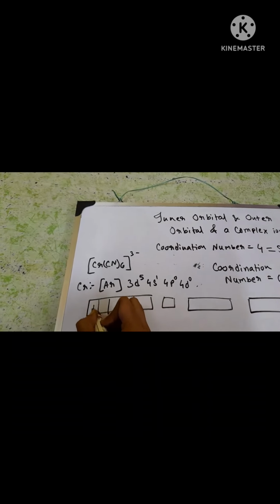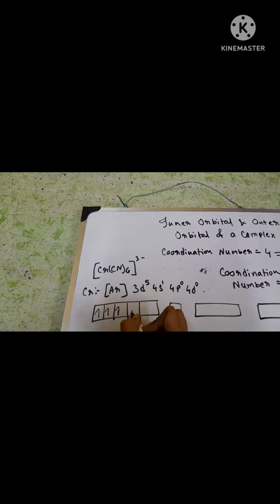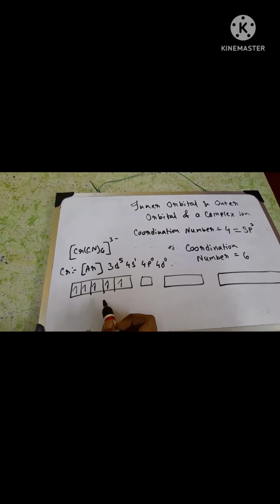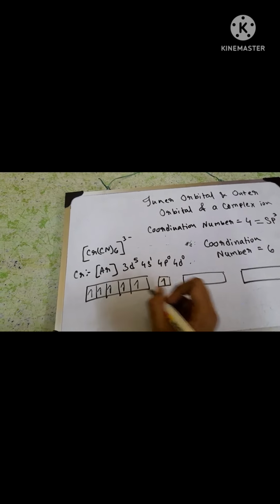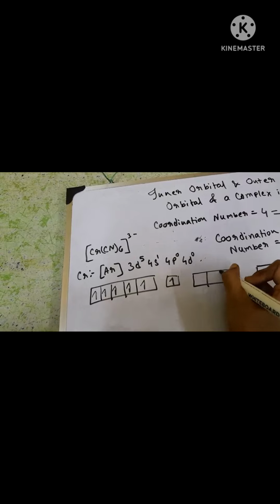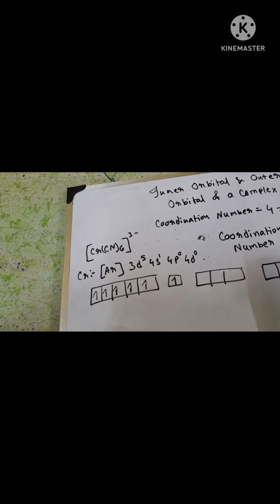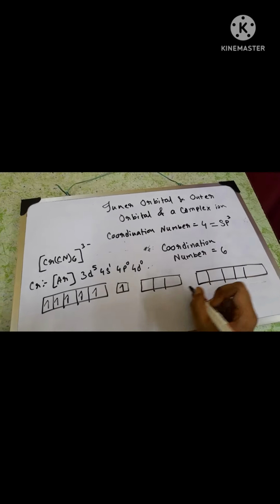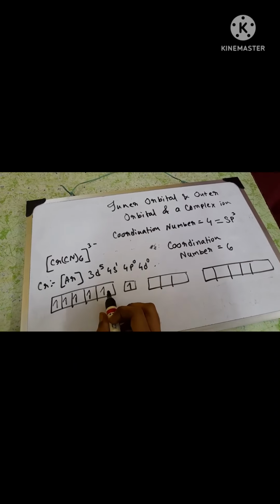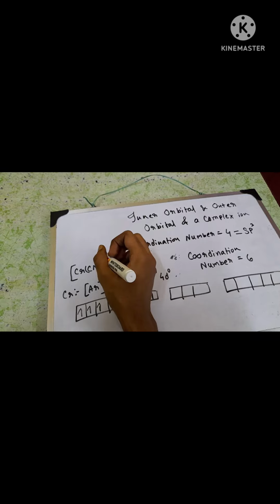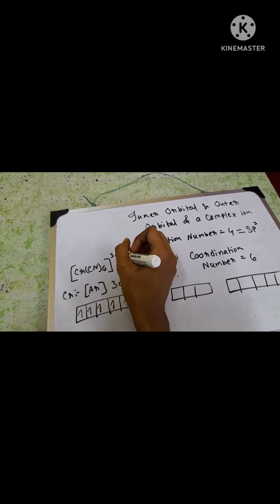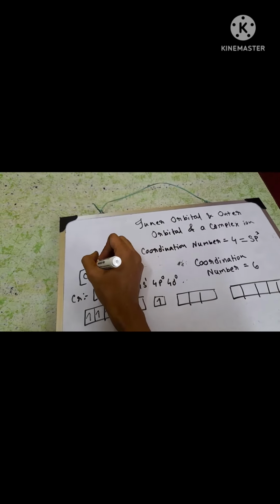This is 3d, where 5 electrons are present, all unpaired. You can look, and 4s1, 4p0, but there are no electrons present here. Now we lose 3 electrons, because this is chromium 3+, the oxidation number of chromium in this compound being plus 3.